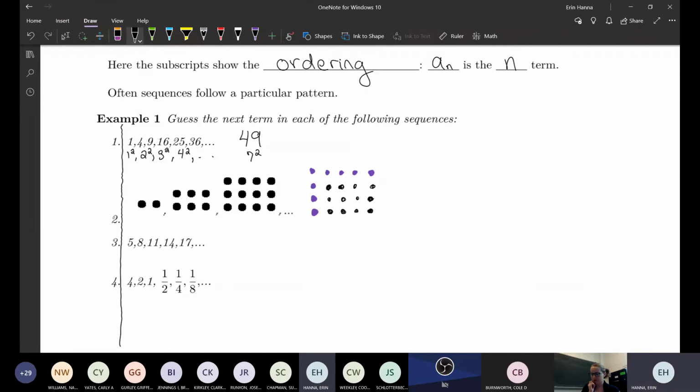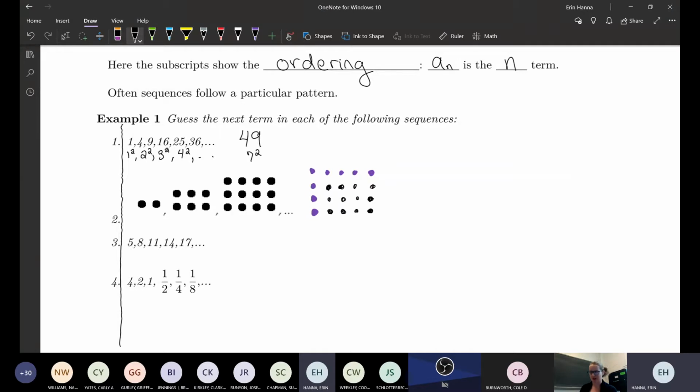For the third one, I've got to remember to pause every once in a while to let y'all catch up. For the third one, we have 5, 8, 11, 14, and 17. If we look at these terms and compare each one to the one directly next to it, we want to figure out how we get from one to the next. To get from 5 to 8, we would add 3. From 8 to 11, add 3. 11 to 14, add 3.